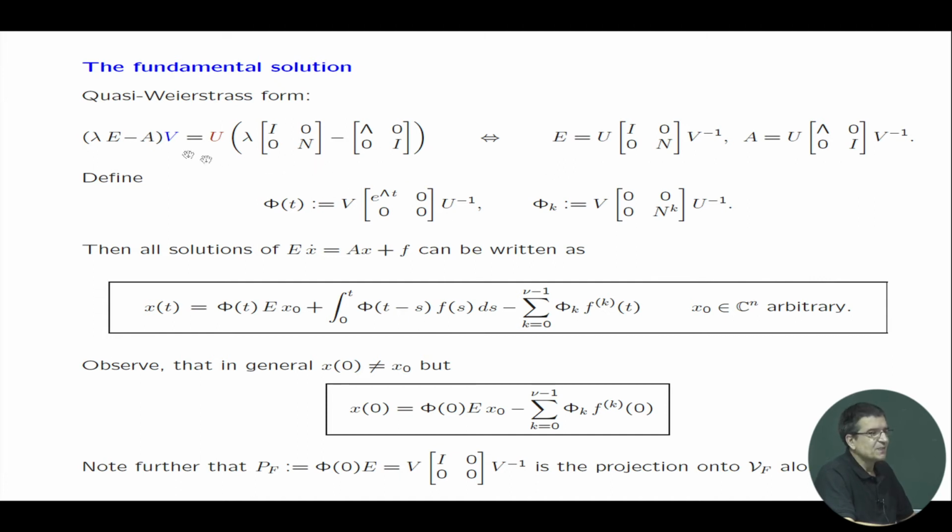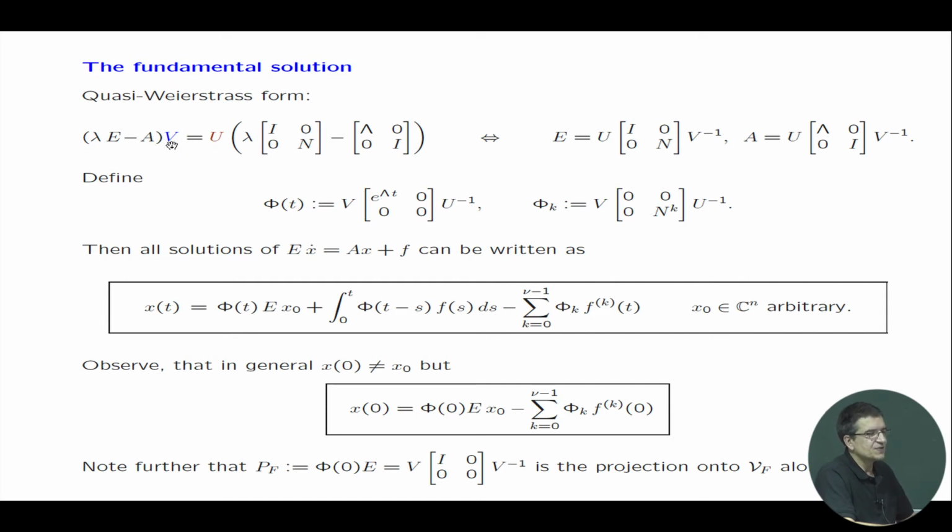So consider here the Weierstrass form, where I did not write down the splitting into U_f and U_infinity and V_f and V_infinity.